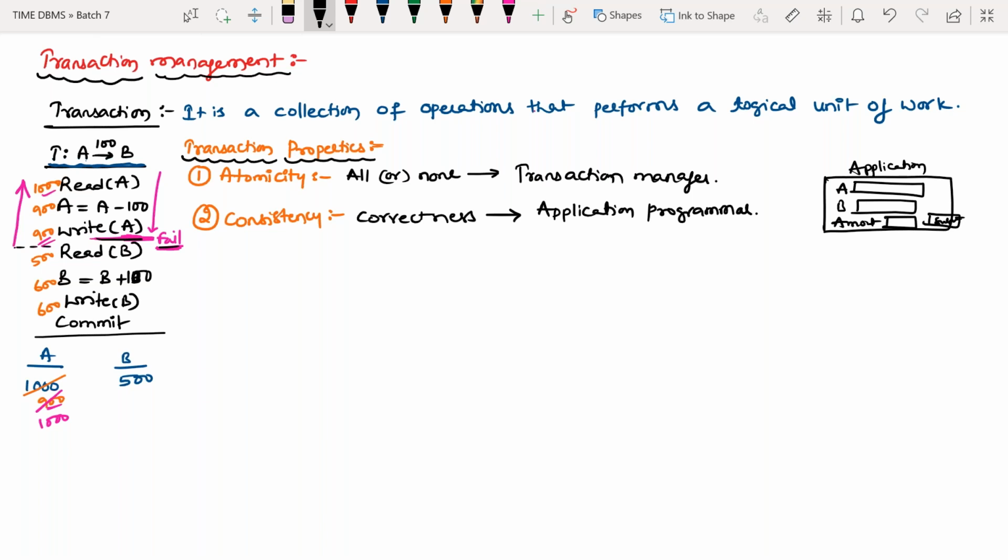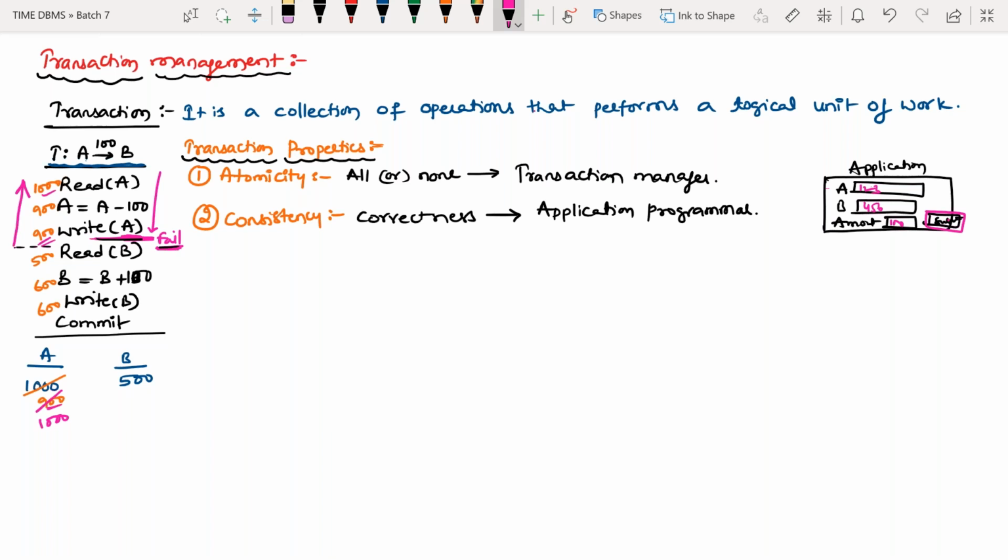Now whenever you click on this submit button, it reads the account number A and account number B, and performs the required transfer. Let us say 100 is to be debited from account A and credited into account B. This screen, this user interface, has to be prepared by whom?